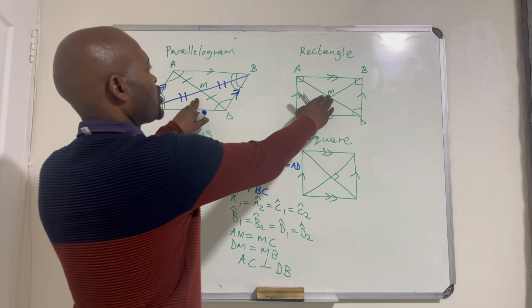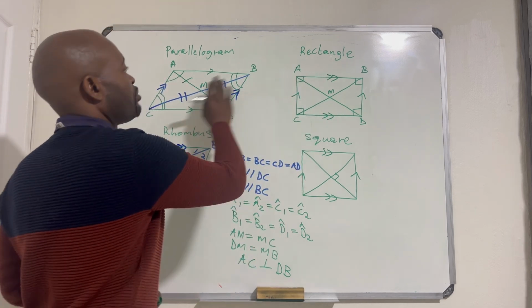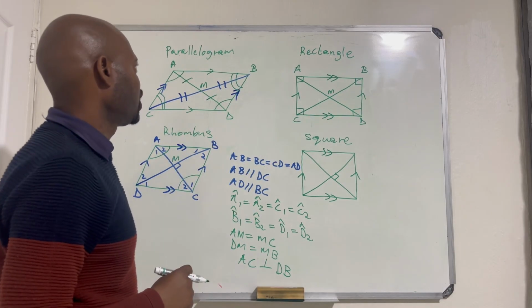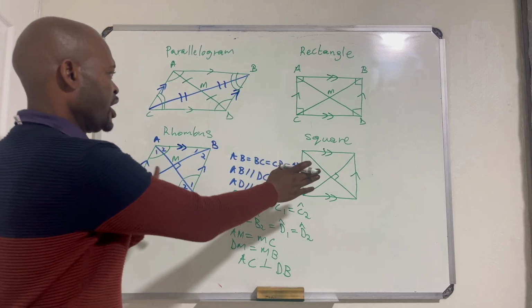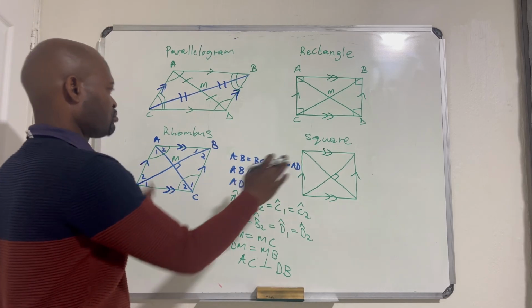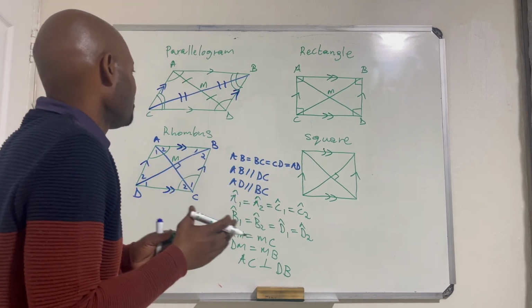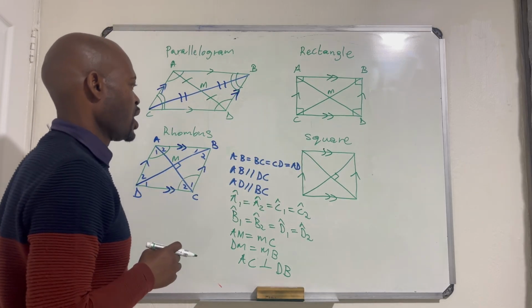With a parallelogram and a rectangle, they look similar, but they are not similar. We're still going to talk about why these two are not similar from the definition of similarity that we are still going to introduce. Even here, they look the same, but they are not the same. They are not similar as well, these two, rhombus and a square.